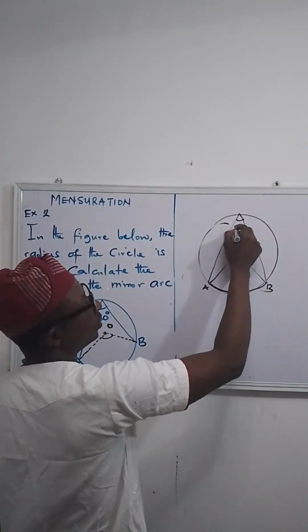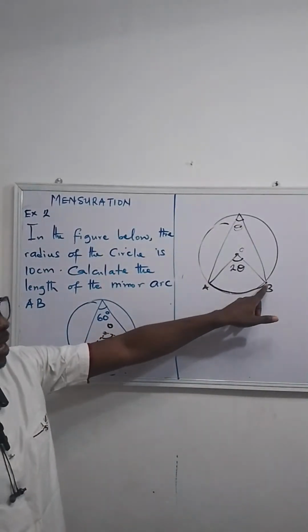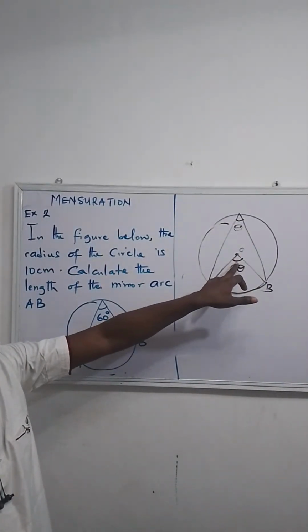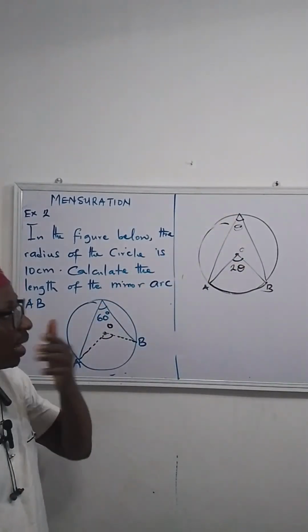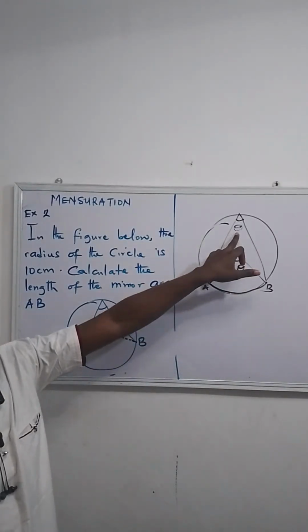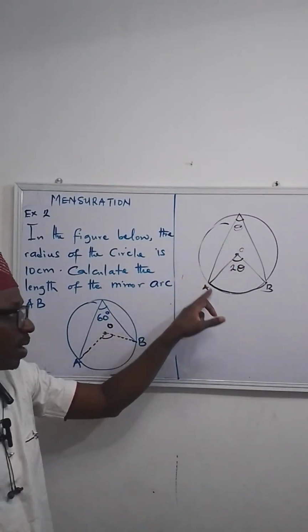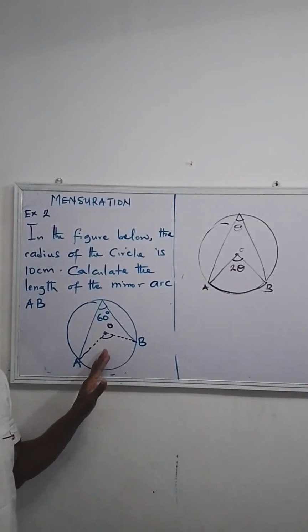So this place is going to be theta. Can you see? The same arc subtends an angle at the center of the circle and also at the circumference. The theorem is: the angle at the center is 2 times the angle at the circumference subtended by an arc. That is the theorem we are going to be using here.